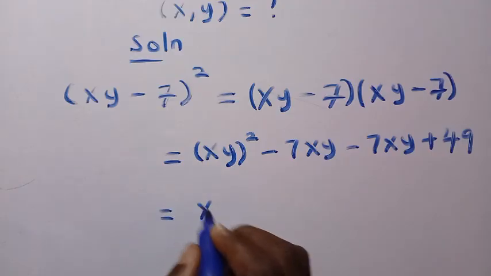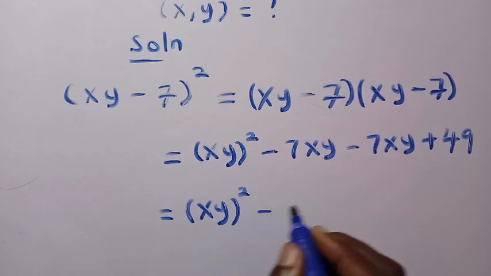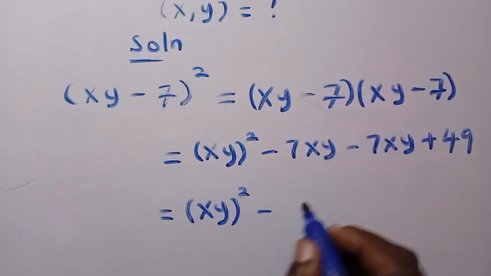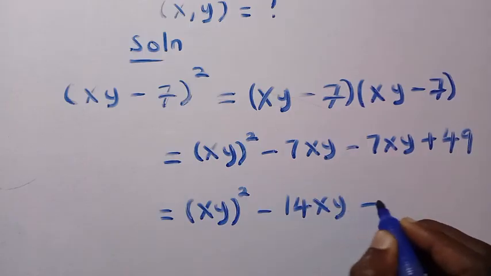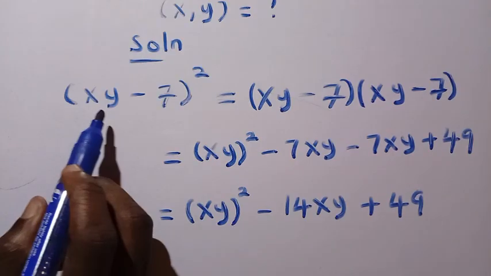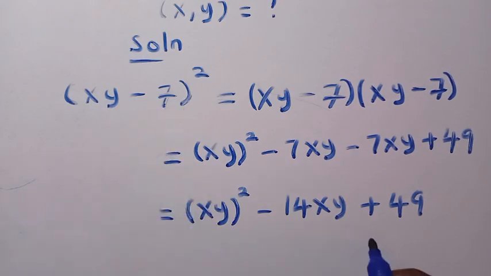This equals (xy)² − 7xy − 7xy, which gives us −14xy, then plus 49. This is only the expansion of (xy − 7)².